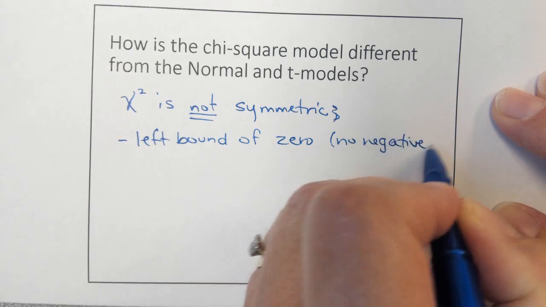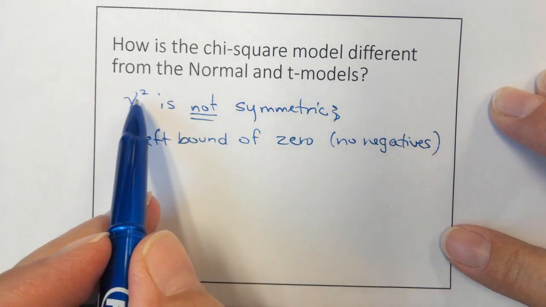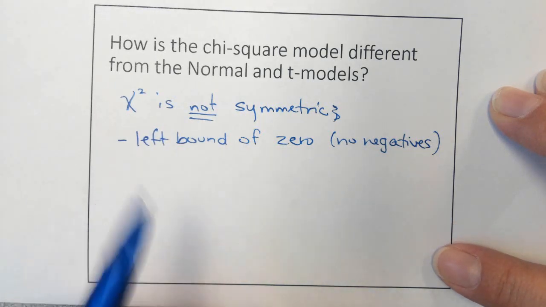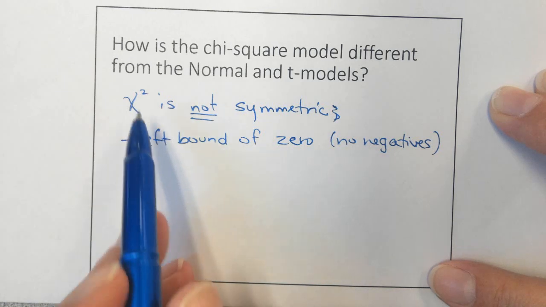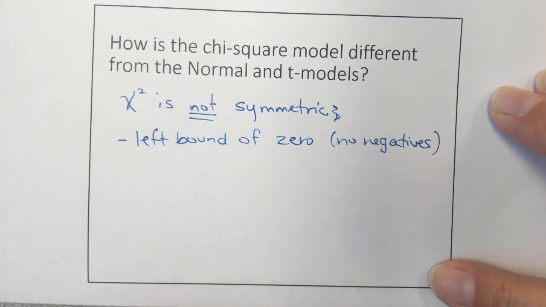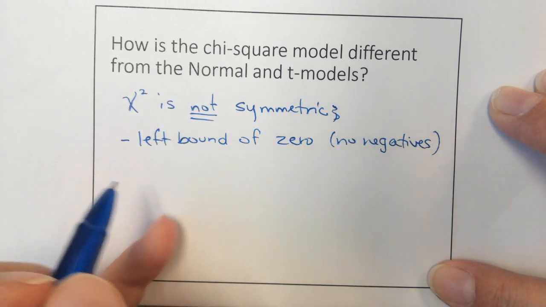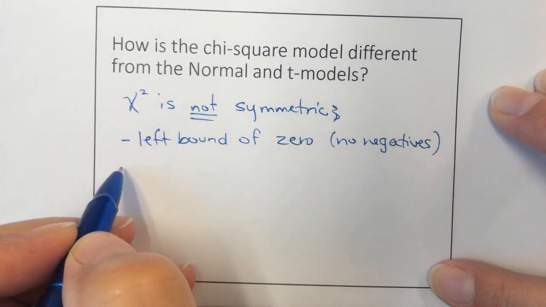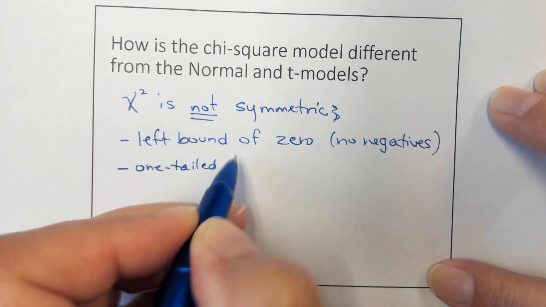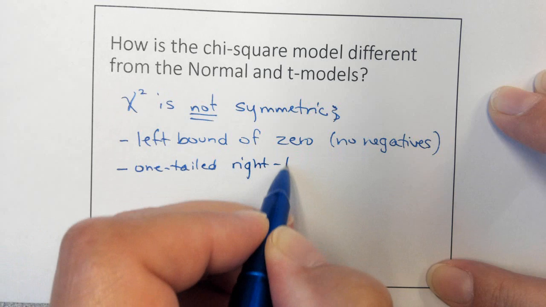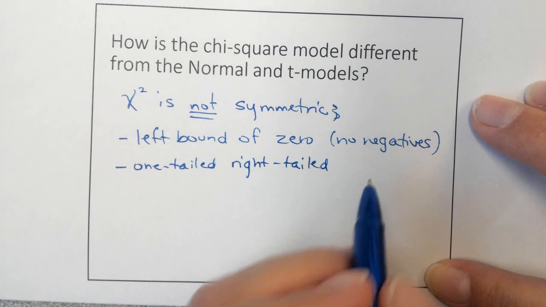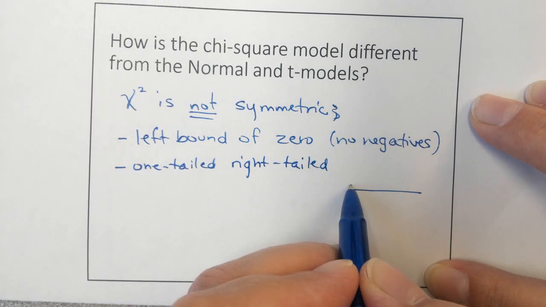Because let's do some algebra here. If you square a number, you always get a positive number or a non-negative number. You could get a 0, but definitely can't get a negative if you square a number. So there are no negatives involved. So you have a distinct left bound, and then you have a one-tailed right-tailed distribution. So the picture is going to look like this.